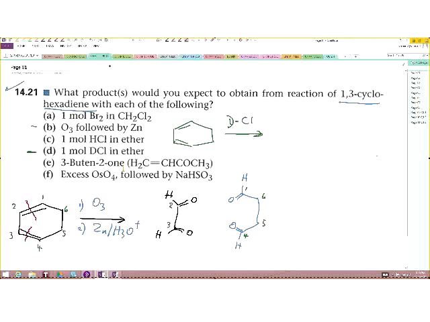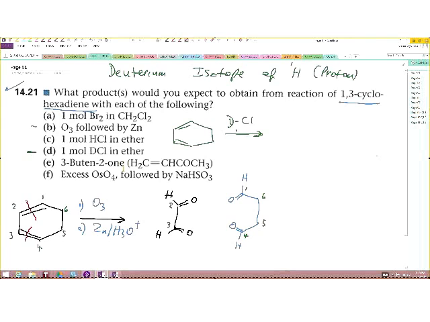Don't forget, deuterium is the isotope of hydrogen, or the proton. So you simply have to treat this just as you would treat the hydrogen chloride.